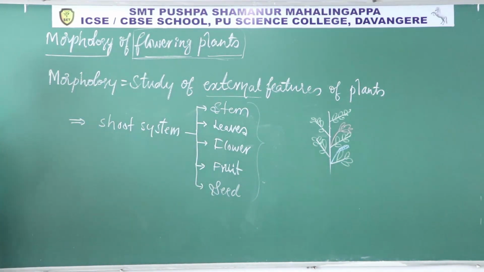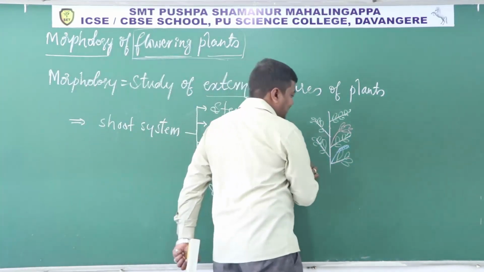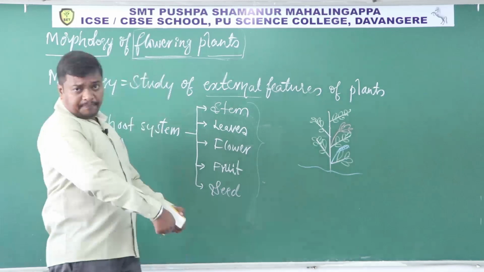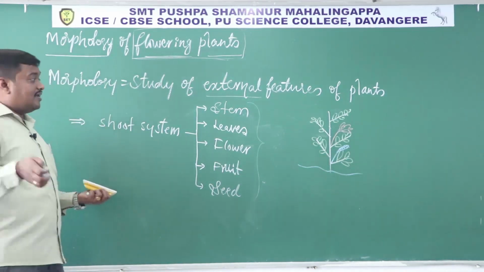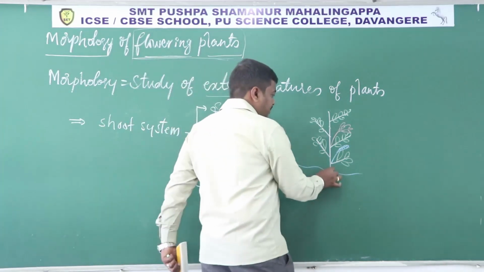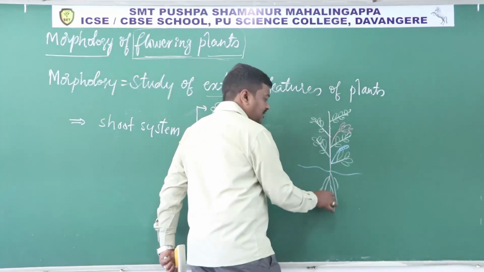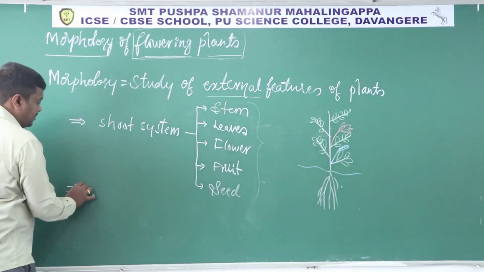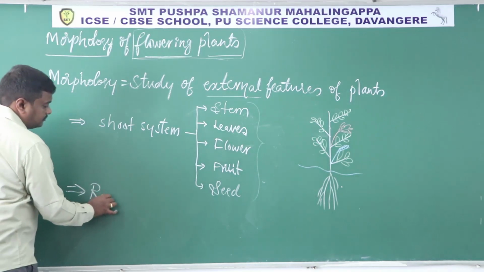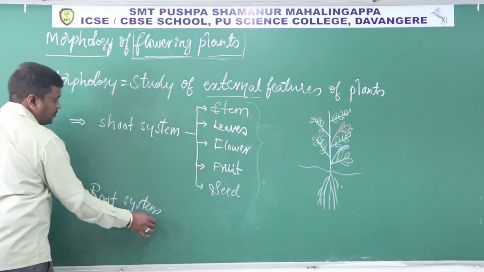And one more external feature is there which you cannot observe directly. If you uproot the plant, if you pluck the plant completely from the soil, some structures present inside the soil are nothing but roots. So one is the shoot system and another one is the root system.